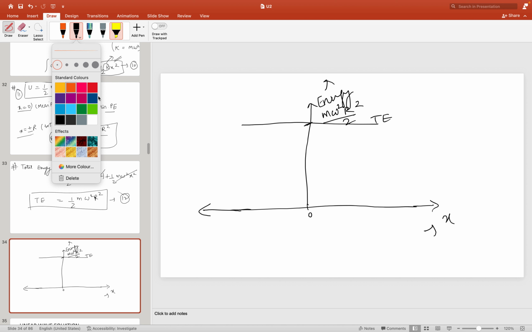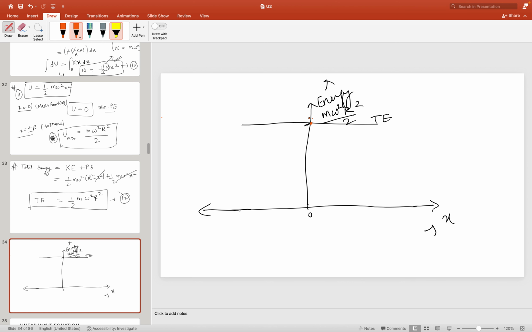Then I want to draw the kinetic energy. I got to see that kinetic energy was maximum at x equal to 0. And if we talk about x equal to plus r and minus r, this is x equal to minus r, this is x equal to plus r. It was minimum at these 2 points, and half m omega square r square was the maximum value.